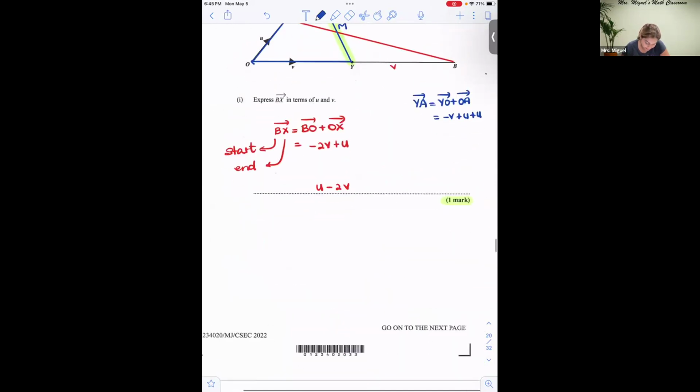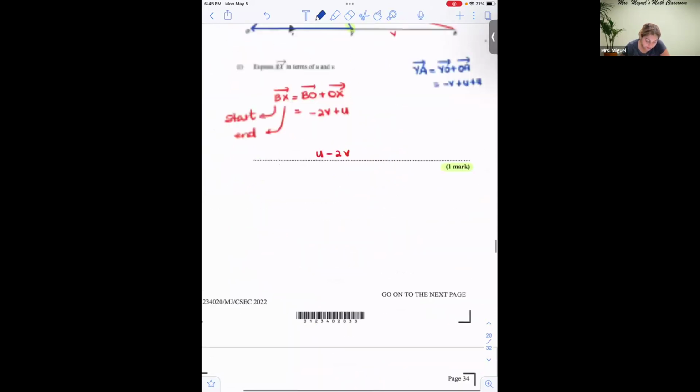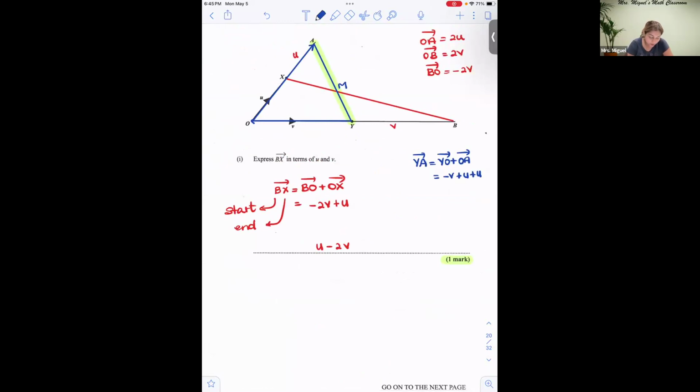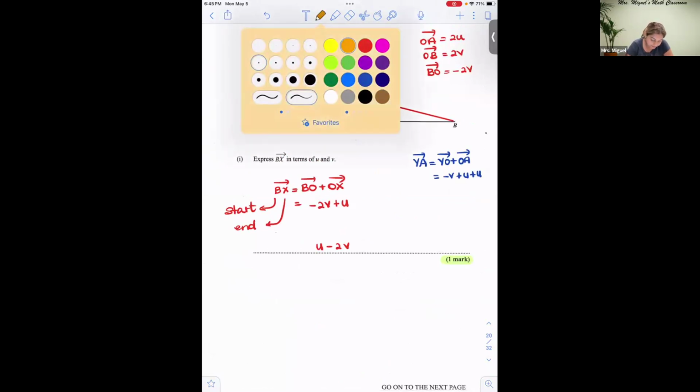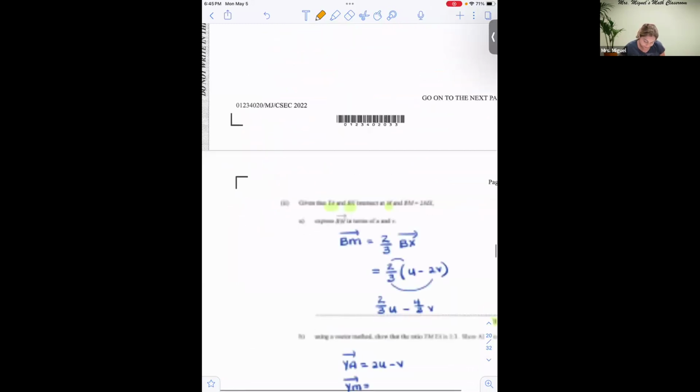Now, the next part, we already have YA, we had to find YM. Now, to find YM, we could go in this direction. We could go from Y to B and from B to M. Remember in the previous part, we found the vector BM, so we had to use that.